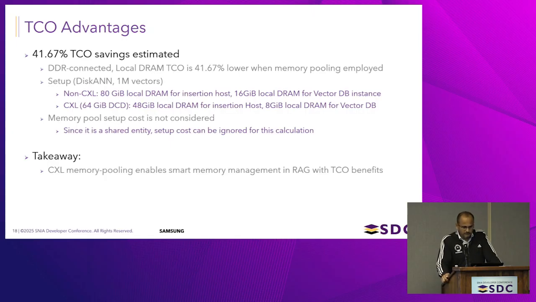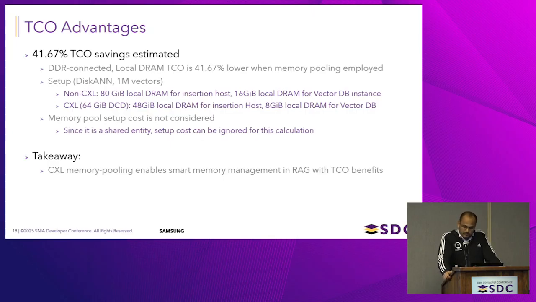For our experiments, we required 80 GB of local DRAM. Without CXL pooling, we required 80 GB of local DRAM for the insertion host, which is VM1, and 16 GB of local DRAM for the vector DB instance, which is VM2.